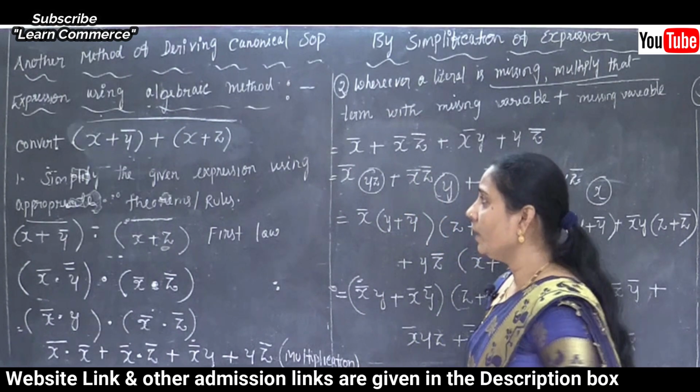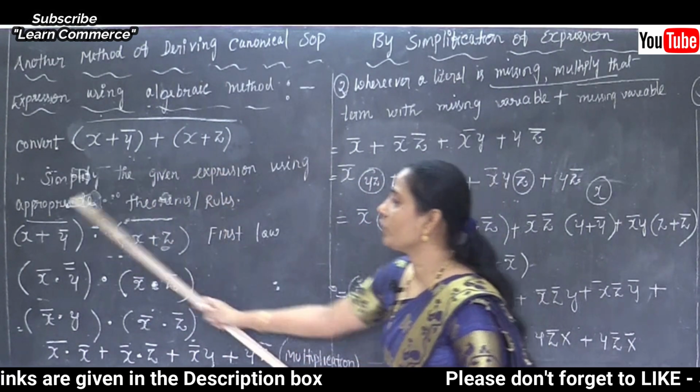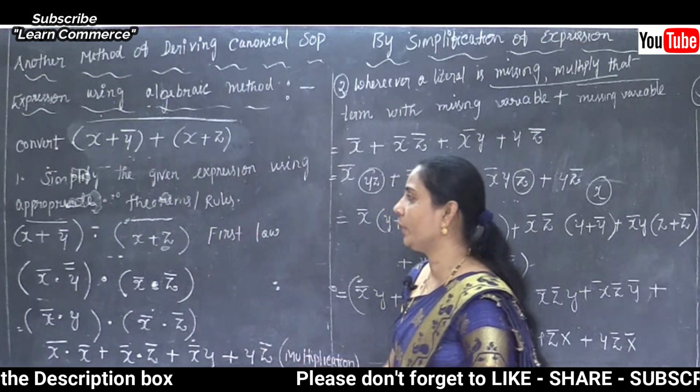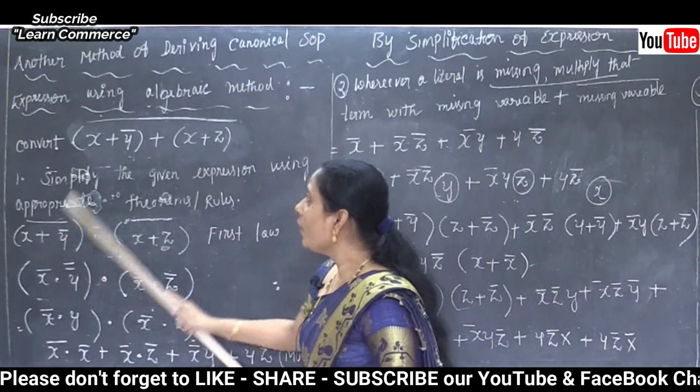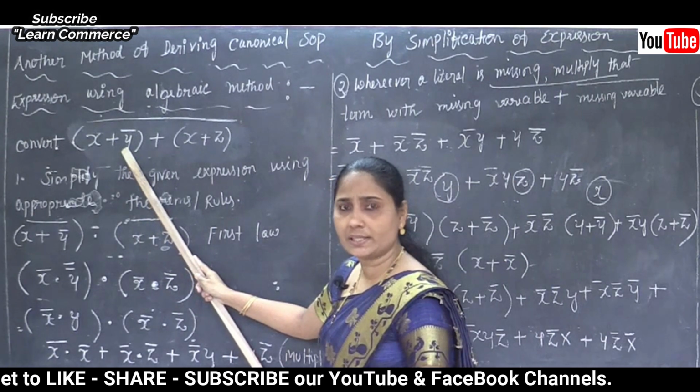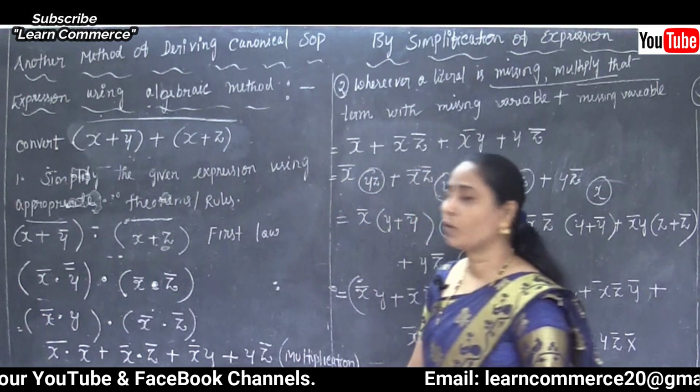Now I am going to start from the first line. Simplify the given expression using appropriate theorems or rules. So, opening of the parenthesis x plus y complement, and I am using complement y by using the double complementation.